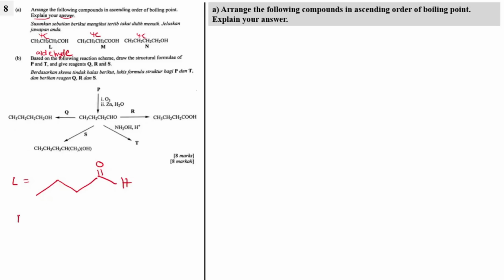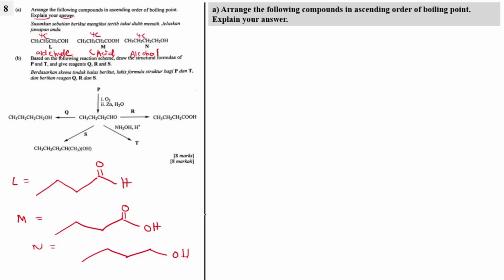For compound M, I'm going to get 1, 2, 3, 4, and then double bond O, OH, which is a carboxylic acid. Meanwhile, for N, if I expand the structure, I'm going to get 1, 2, 3, 4, and end it with OH here. So compound N is an alcohol.